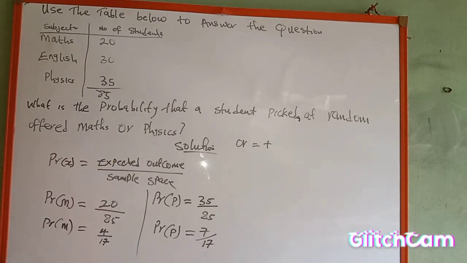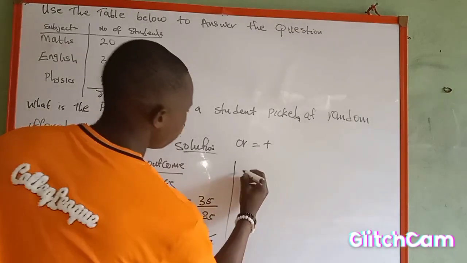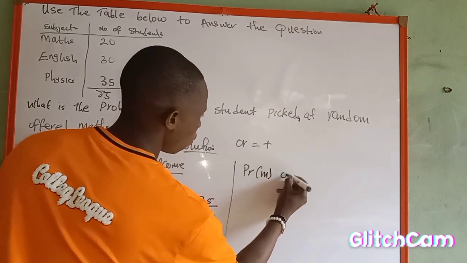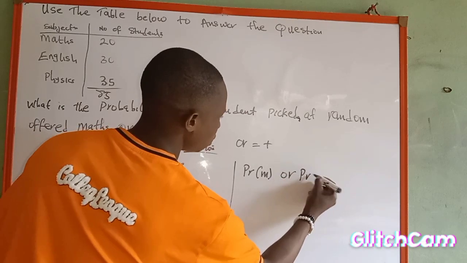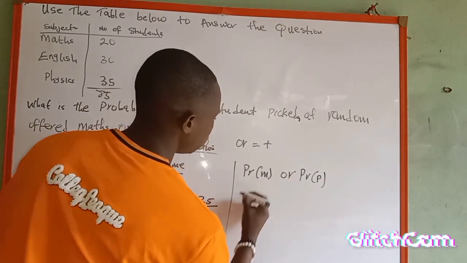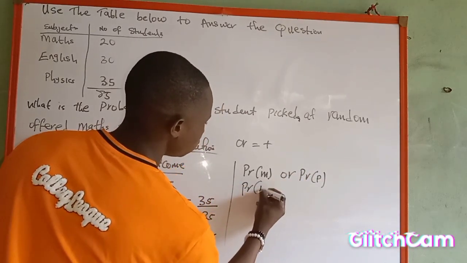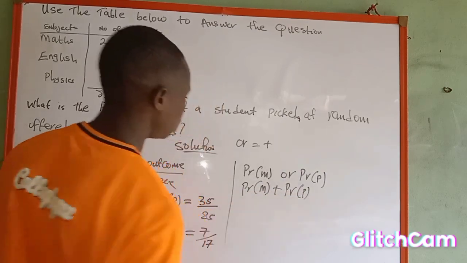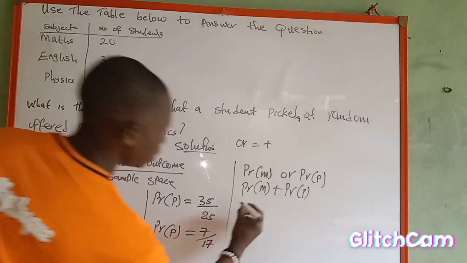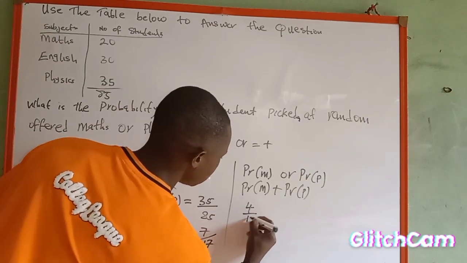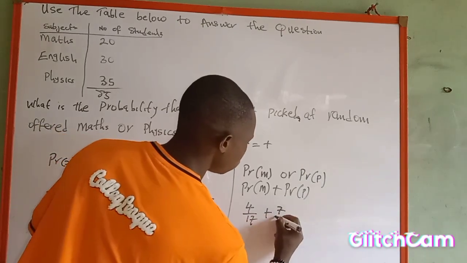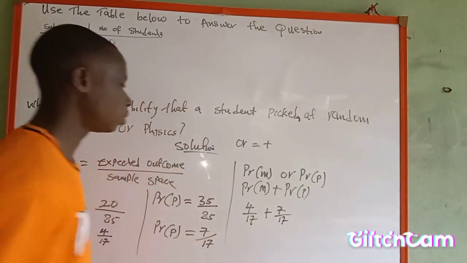Remember, or is addition. So therefore, probability of mathematics or probability of physics is equal to probability of maths plus probability of physics. And the probability of maths here is 4 over 17 plus probability of physics is 7 over 17.